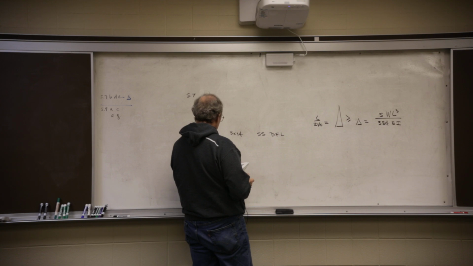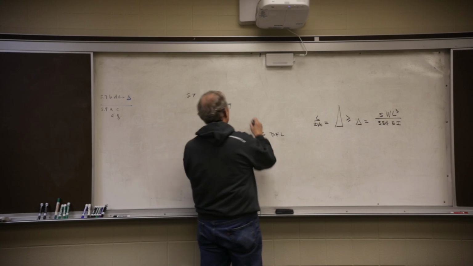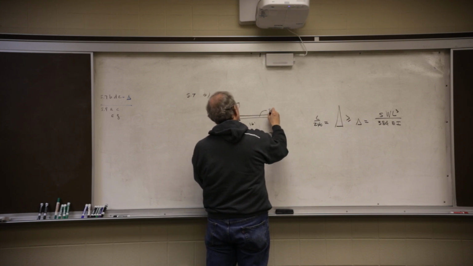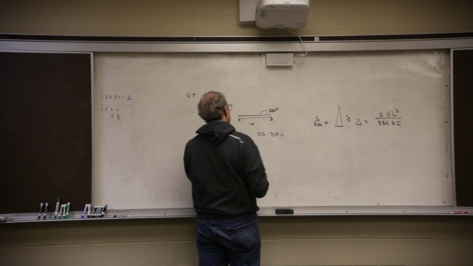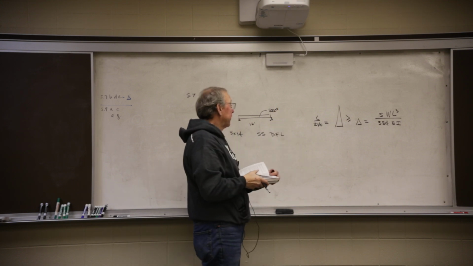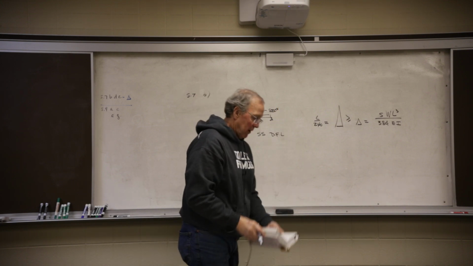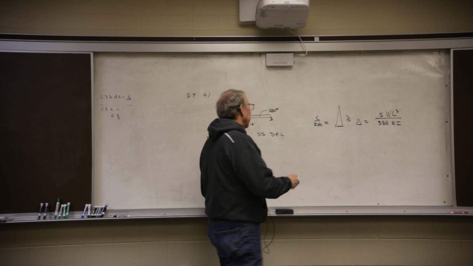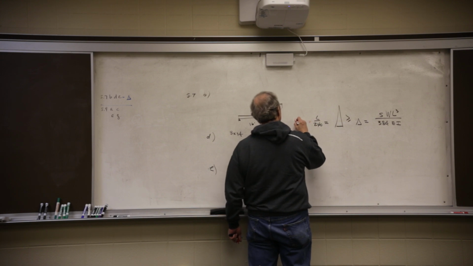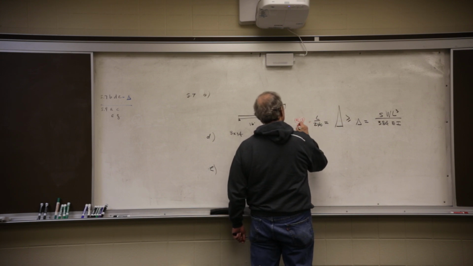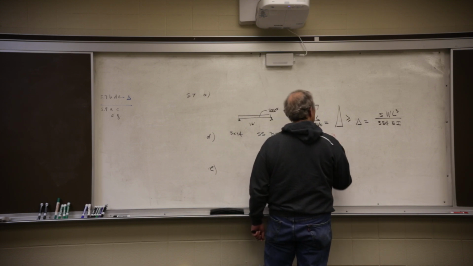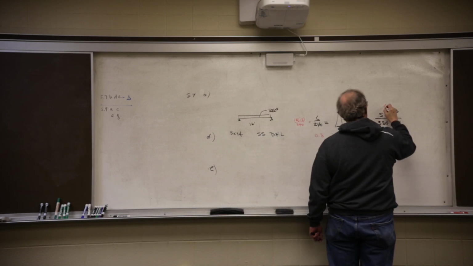Span of 16 feet, 8 kips. Investigate. Well, 16 is my span, so this is equal to 16 times 12 divided by 240. And the load is 8,000.